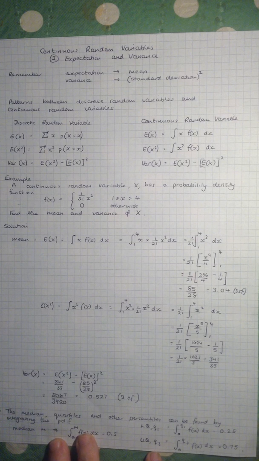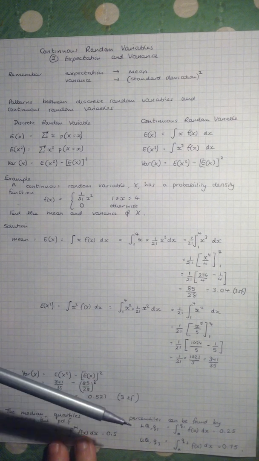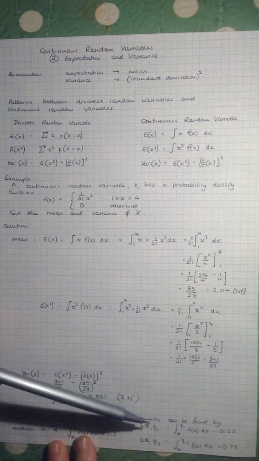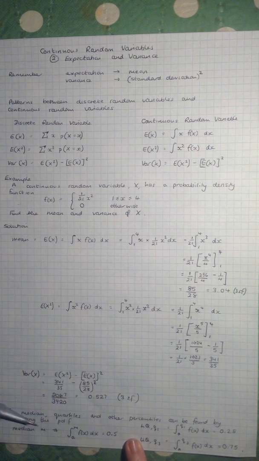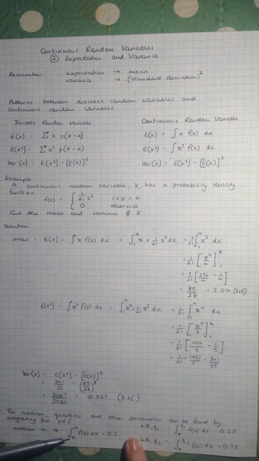You can also find the median and quartiles and other percentiles, like the 20th percentile or whatever, by integrating the PDF. So we know that the median would be halfway through the data. So if you integrate from the lower limit, whatever it would be, up to m of our function, we know that that's got to be equal to 0.5.